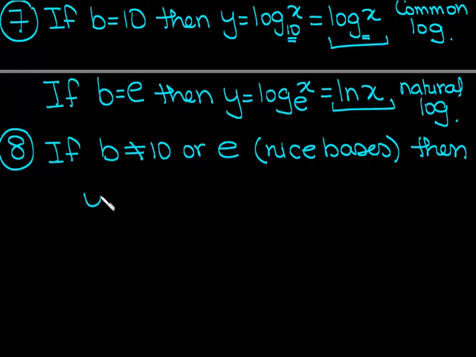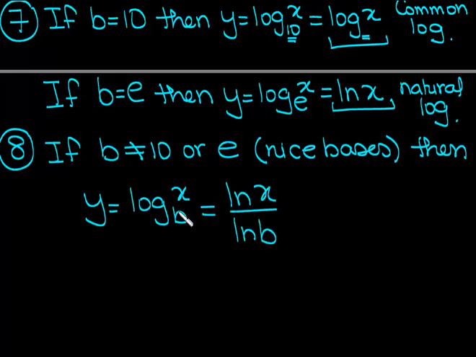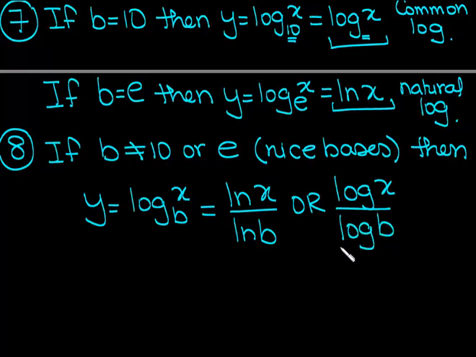I can write y is equal to log of x base b, where b is not nice, as ln of x divided by ln of b. The b comes here. Or I can write it as log of x divided by log of b. Out here the base is 10, out here the base is e.